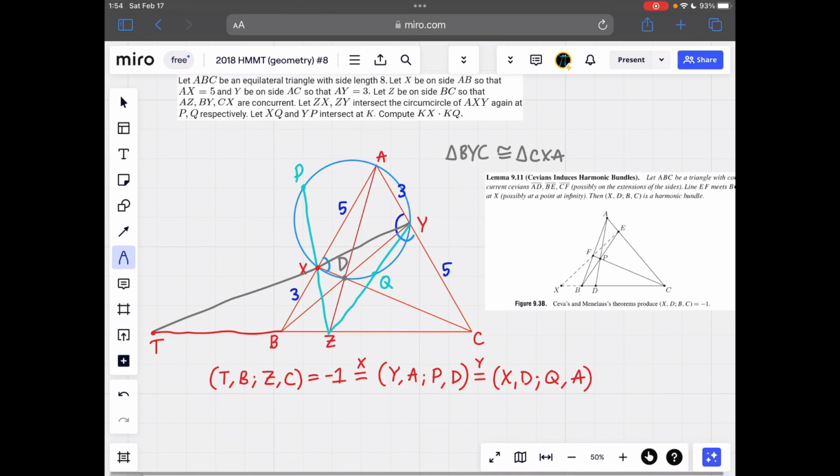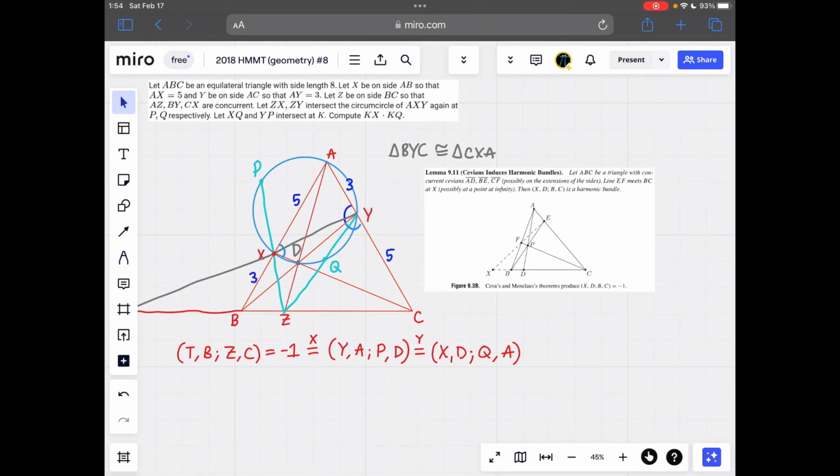And there's this one interesting property of harmonic quadrilaterals. I mentioned this in one of my previous YouTube videos from last year. It was the mock AMC problem 15, I'm pretty sure. But basically, if we have a harmonic quadrilateral and we consider the tangents to its circumcircle at opposite points, like in this case, for quadrilateral YAPD, we consider the tangents at A and D, they would intersect on line YP.